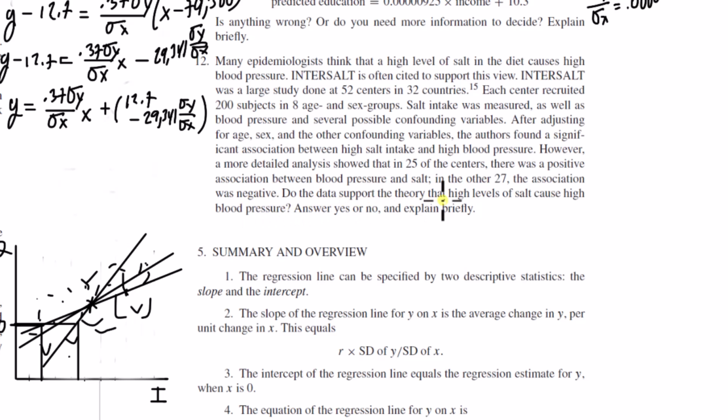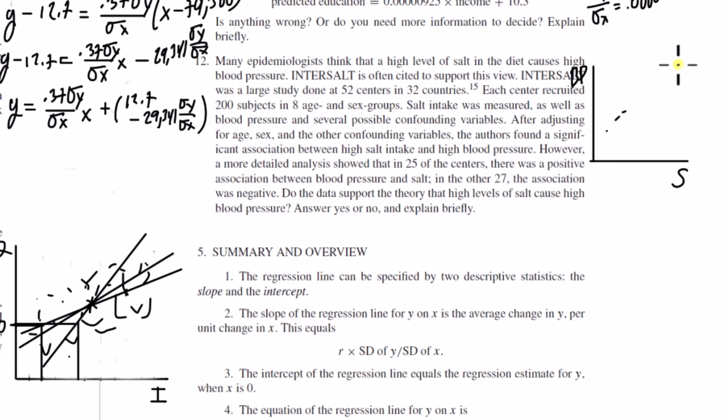Do the data support the theory that high levels of salt cause high blood pressure? If there's a negative association or a positive association, what exactly is that saying again? If there's a positive association, then the higher the salt intake, the higher the blood pressure.